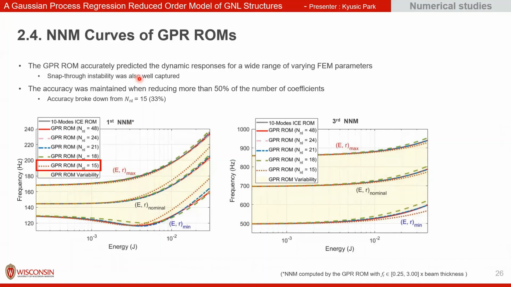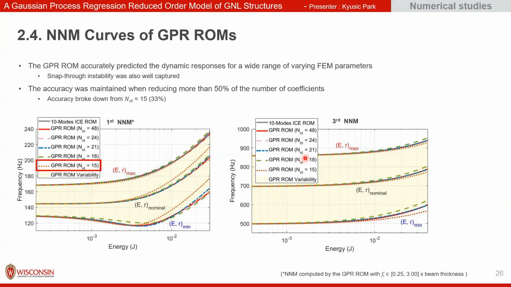The backbone curves of the GPR ROMs are shown in these figures, and the GPR ROMs accurately captured the nonlinear responses propagated from the design variation, ranging from ER min to ER max. Interestingly, the softening-hardening behavior at ER min turned to pure hardening at ER max, a feature that is captured by the GPR ROM.